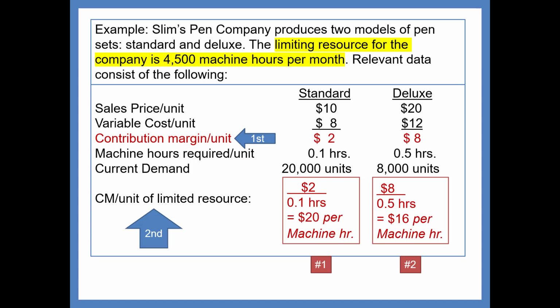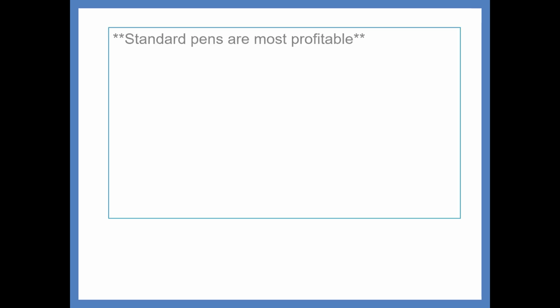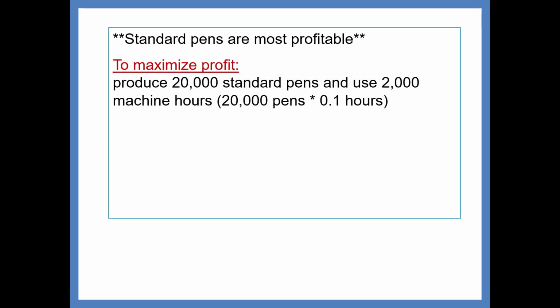Now, if we want to go further than just simply ranking them and identify how many units we're going to produce, we need to first recognize that currently 20,000 units of the standard model are in demand and 8,000 units of the deluxe model. So when we do our analysis, we identify standard pens are the most profitable. So we're going to try to make 20,000 pens to meet demand.